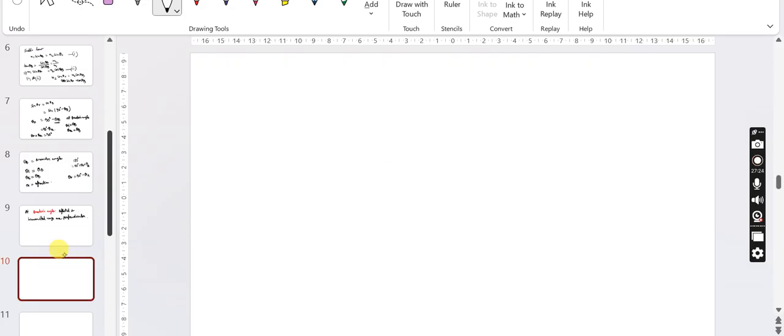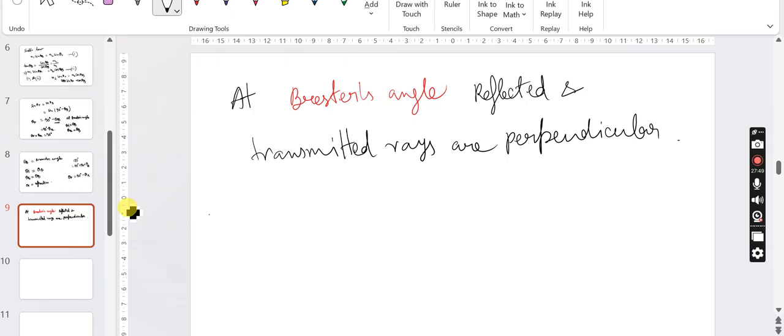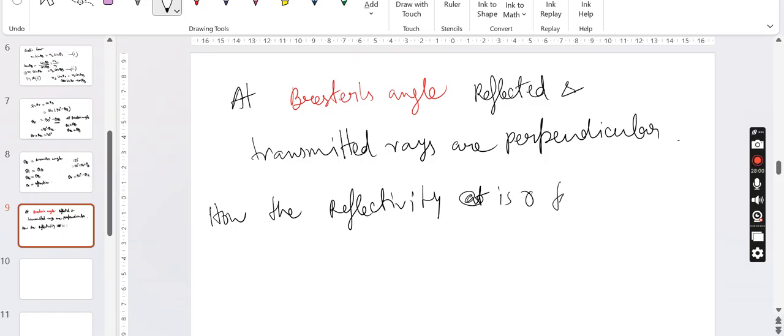So now, regarding the Brewster angle, why do we say that the reflected intensity is zero?